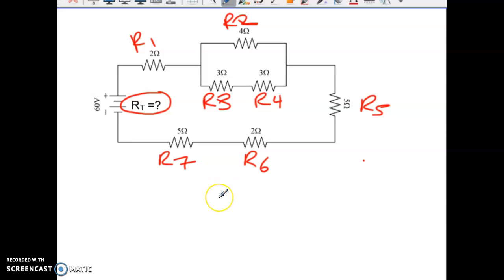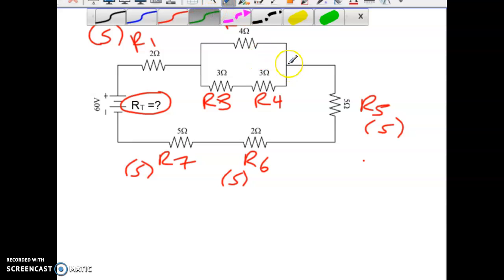Okay, so let's recognize what is what. So here, R1, R5, 6, and 7 are in series with each other, correct? They're all on the same one pathway line. So I'll put a little S: series, series, series, series. Okay.